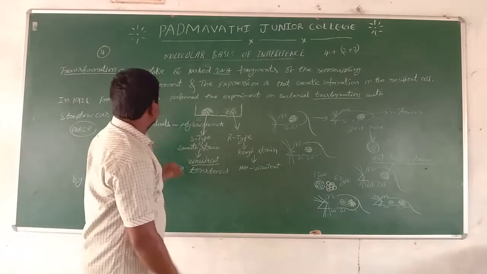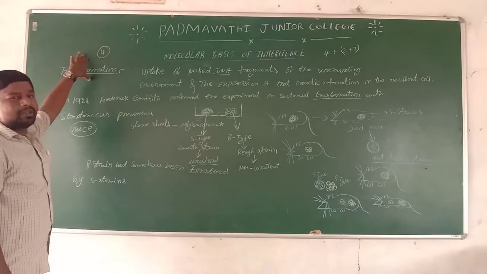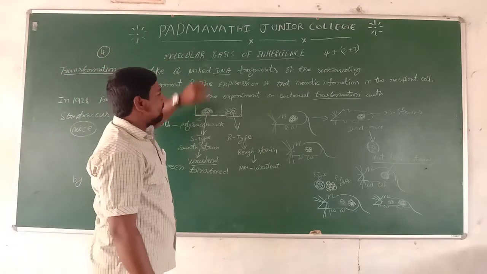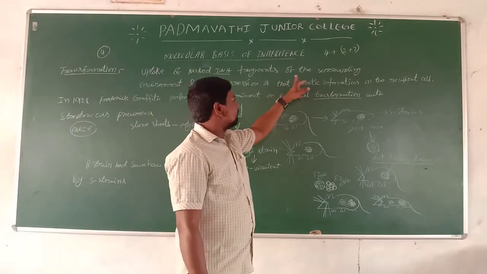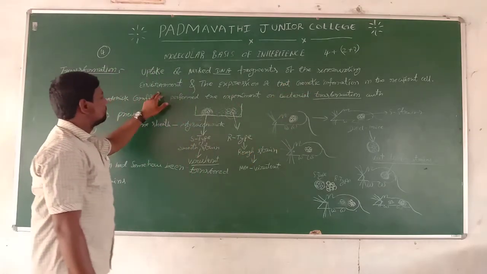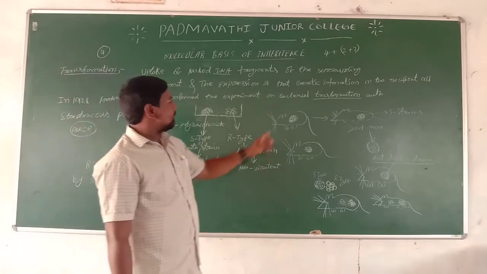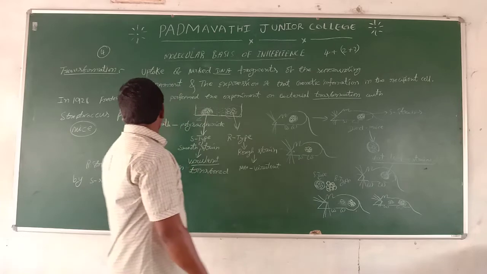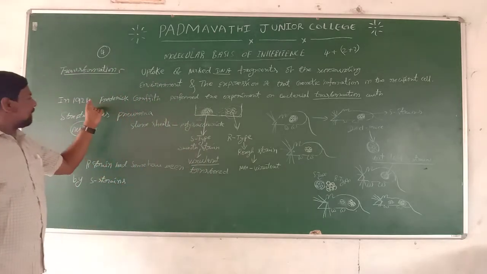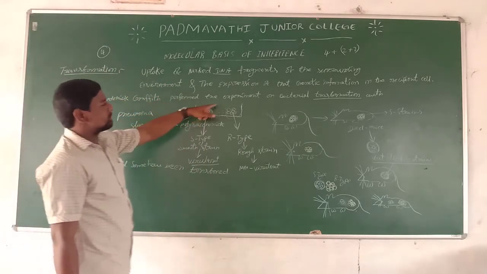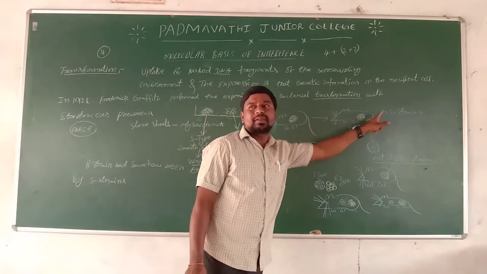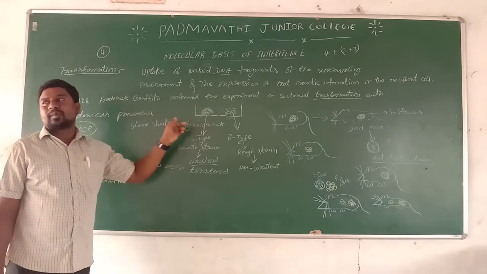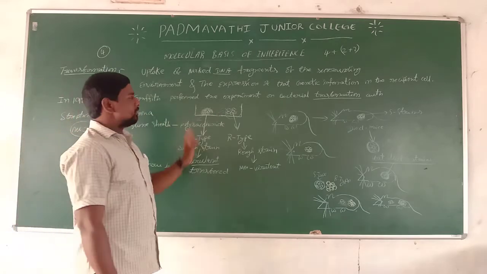I say once: transformation means uptake of naked DNA fragments from the surrounding environment and the expression of that genetic information in the recipient cell. In 1928, Frederick Griffith performed the experiment on bacterial transformation with Streptococcus pneumoniae. Streptococcus pneumoniae causes the disease pneumonia.